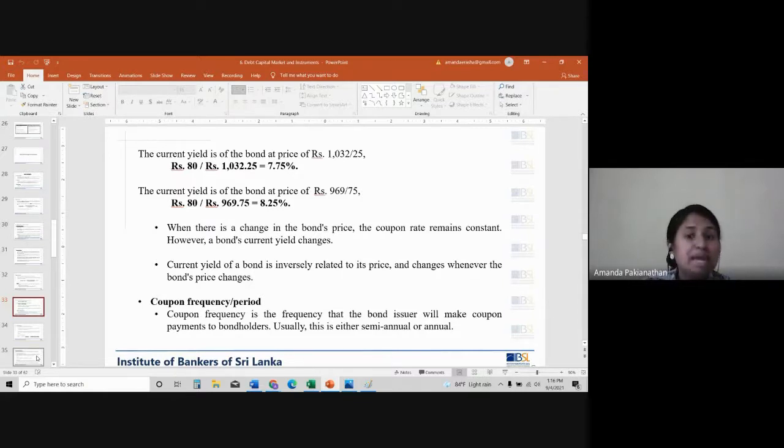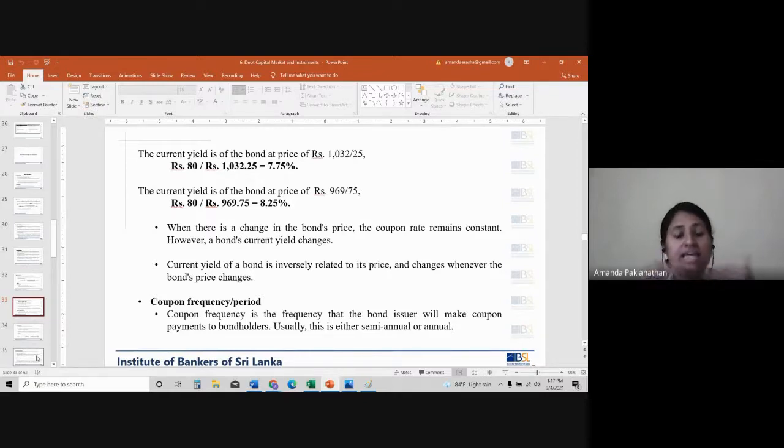If I'm paid interest semi-annually, frequency would be 2. If I'm paid interest annually, the frequency would be 1. Knowing the frequency will let us know about the period. So if the interest is paid monthly, frequency is 12, coupon period becomes monthly. So in a year, you will have 12 coupon periods.